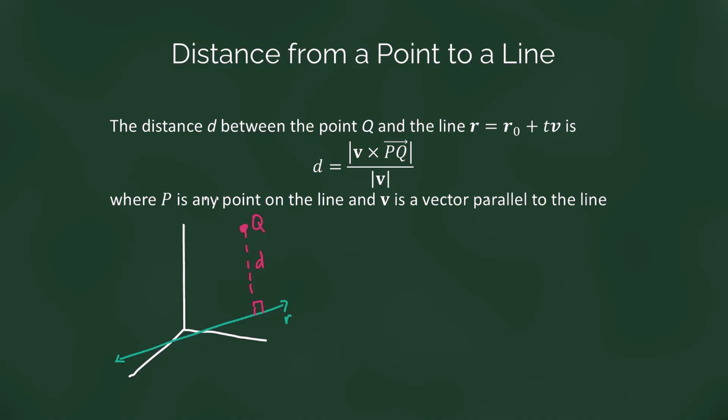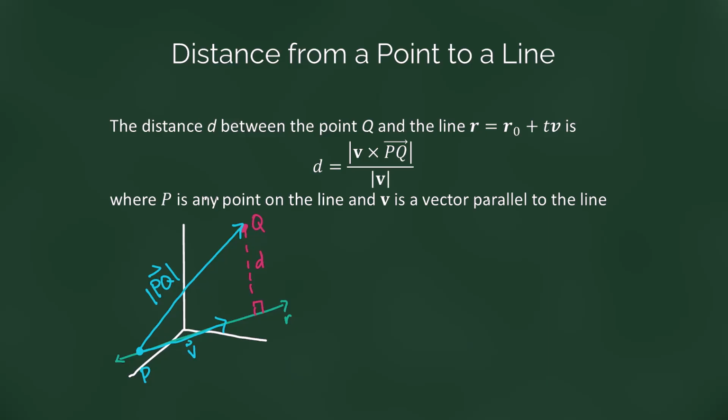So all we have to do is pick some arbitrary point anywhere on this line. We'll call it P. And we can connect P to Q with the vector PQ, so that the length of that segment is the magnitude of PQ. And then we also know that along here, we have some vector v, which is our line vector.